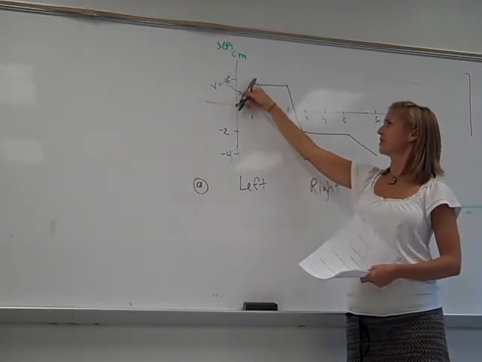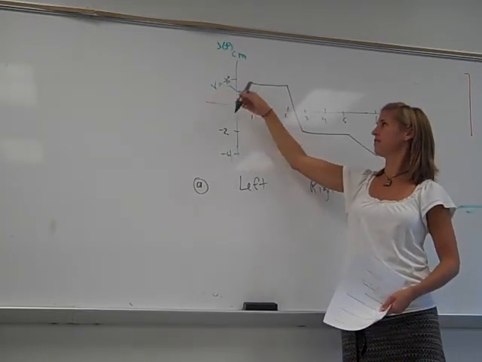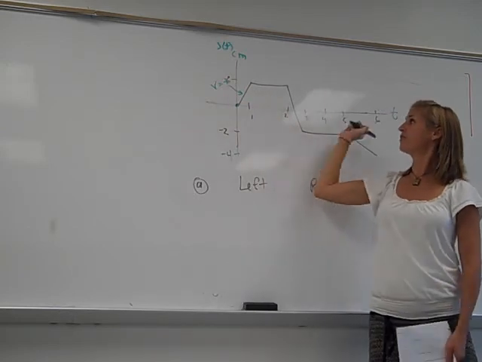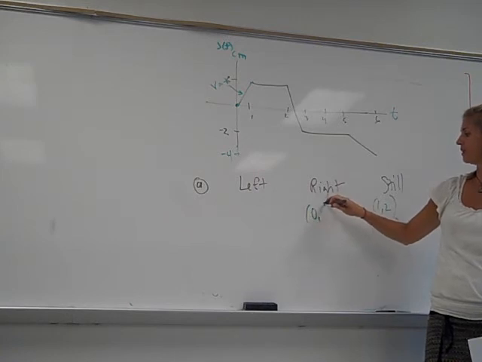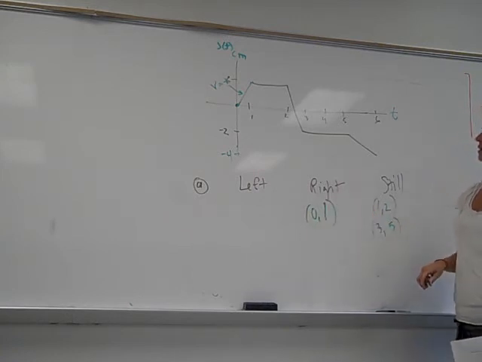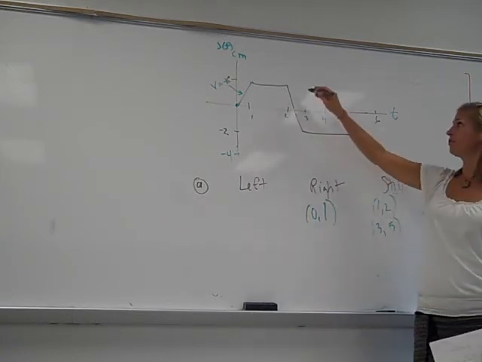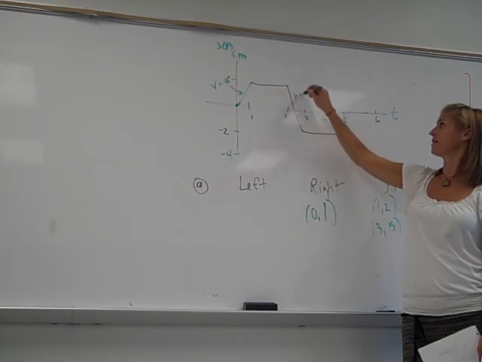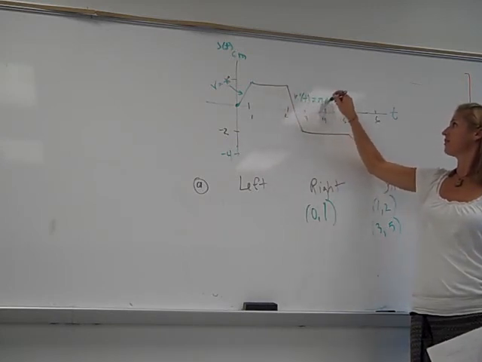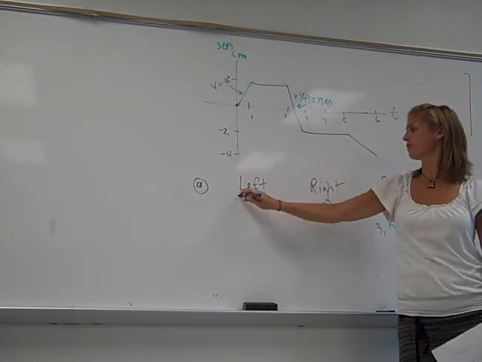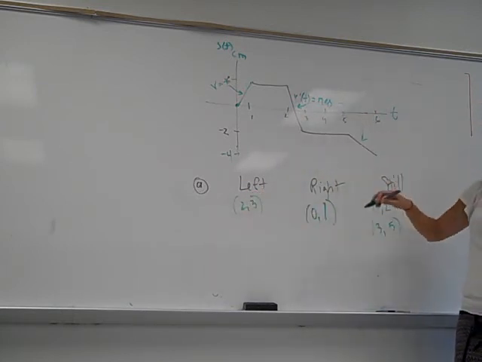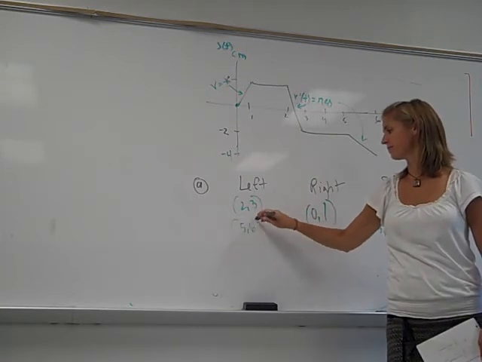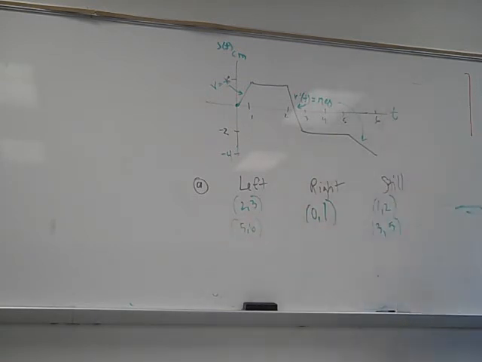So whenever this graph is increasing, it's moving to the right. So from 0 to 1, and that's it. From here to here, the velocity is negative. So from 2 to 3, I'm moving to the left. And again down here, from 5 to 6. Get it?